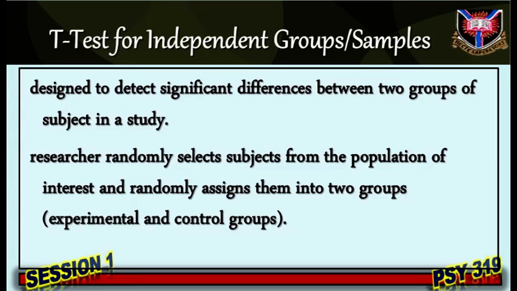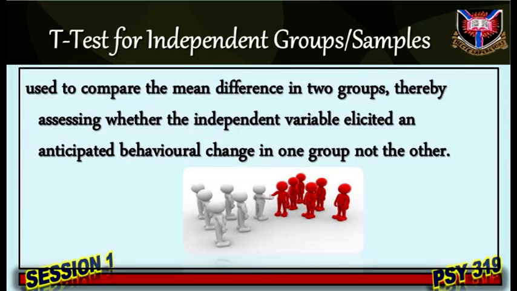An independent group design is one in which the researcher randomly selects subjects from the population of interest and randomly assigns them into two groups, experimental and control groups. It is basically used to compare the mean difference in two groups, thereby assessing whether the independent variable elicited an anticipated behavioral change in one group, not the other.